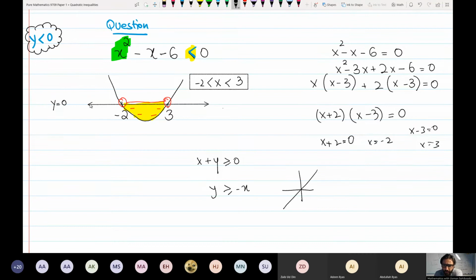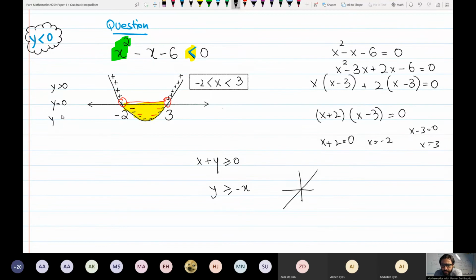Y's value is 0 on the x-axis. Y's value is positive above the x-axis. It's more than 0. These are the y values. I'm putting pluses just to indicate that they are more than 0, and the minuses indicate that the y values are less than 0, below the x-axis.